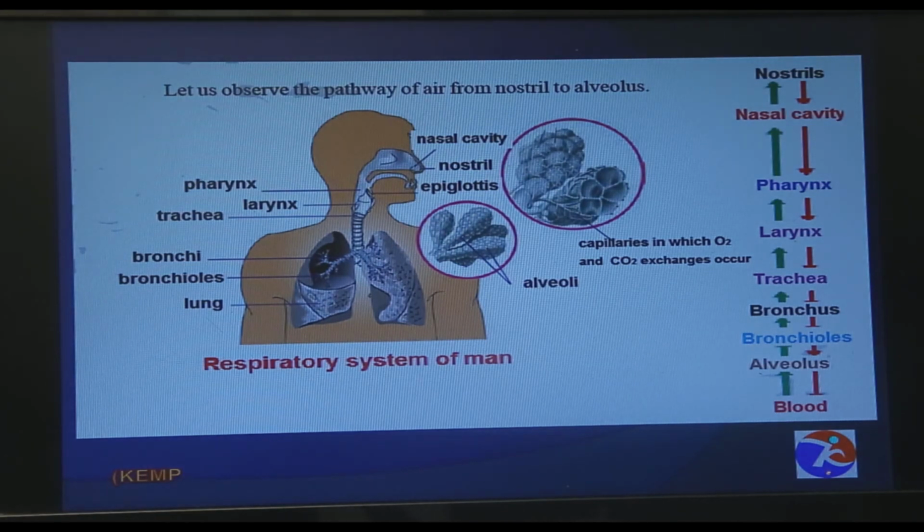You can see the diagram: nasal cavity, nostril, epiglottis, pharynx and larynx, trachea and bronchi, bronchioles, and then lungs as well. And then the enlarged portion, the capillaries in which O2 and CO2 exchange occur. So alveoli have been enlarged over there.